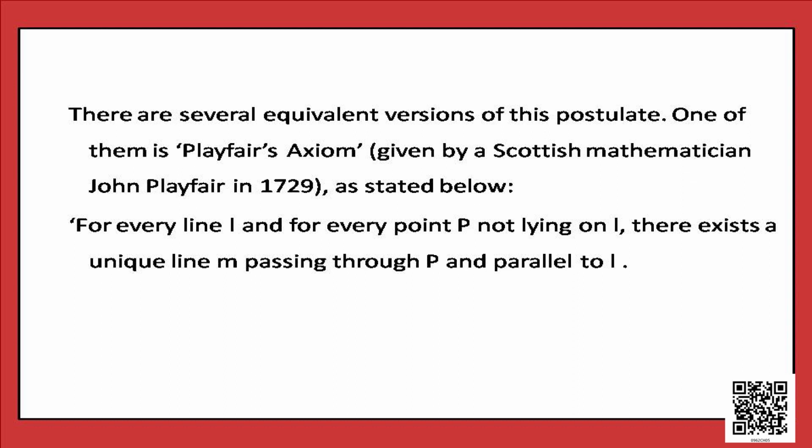One of them is Playfair's axiom, given by a Scottish mathematician John Playfair in 1729. It states that for every line L and for every point P not lying on L, there exists a unique line M passing through P and parallel to L.